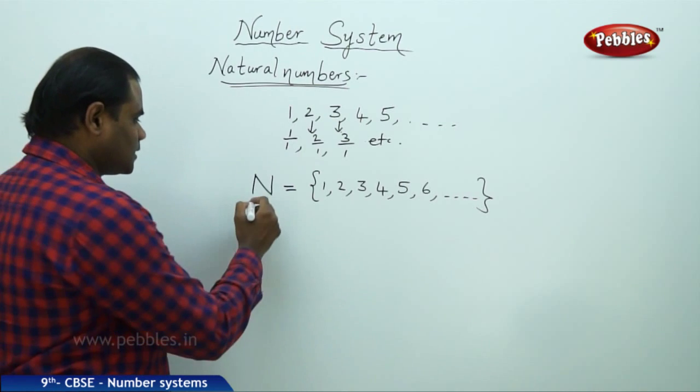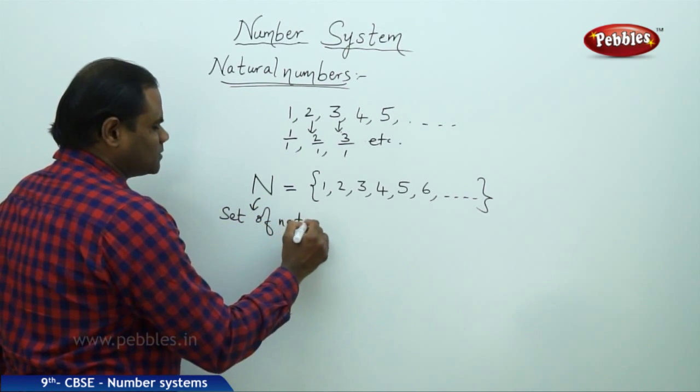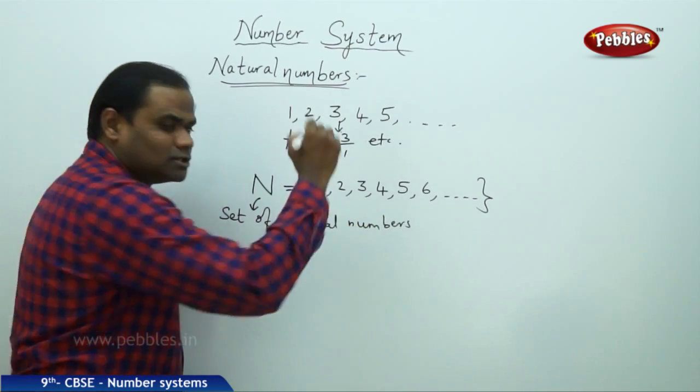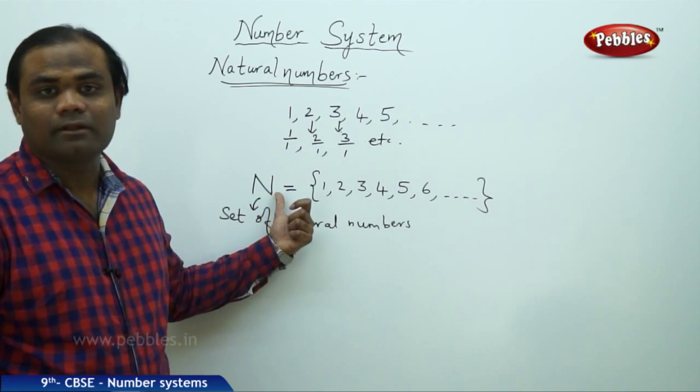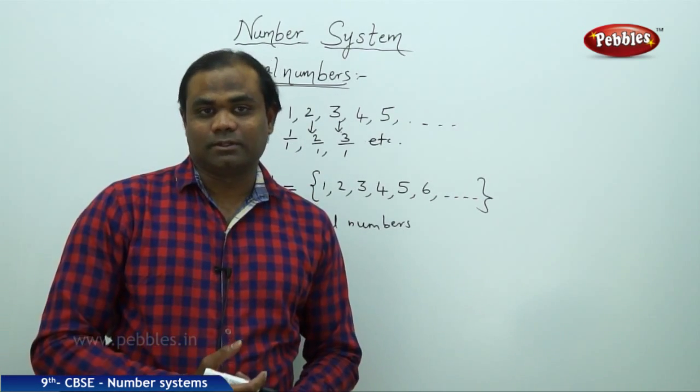We write this as the set of natural numbers denoted by capital letter N, which is what we call natural numbers in mathematics.